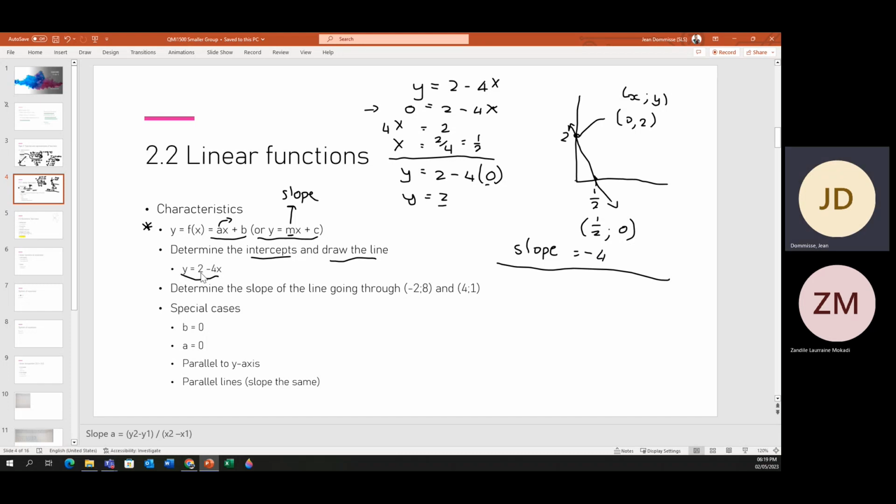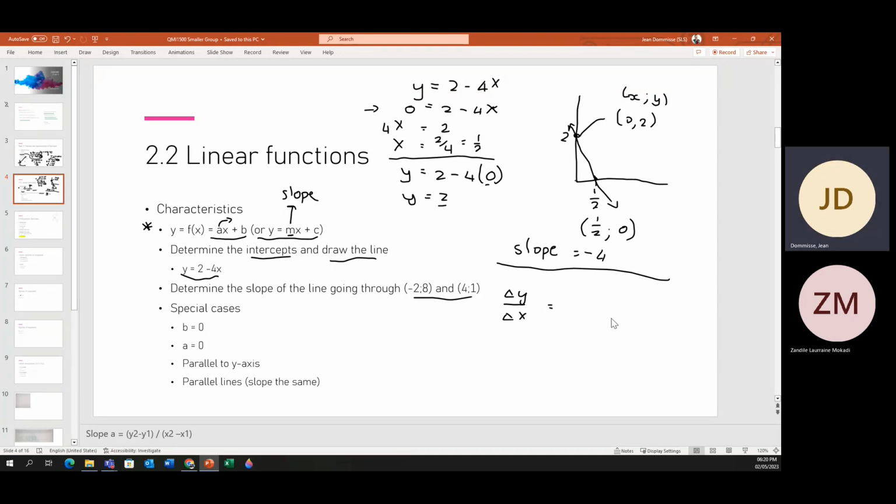But they can also give you 2 points, like in this instance, and then tell you, but what is the slope? For this, there is at least a formula. So the formula for that is the change in y divided by the change in x.